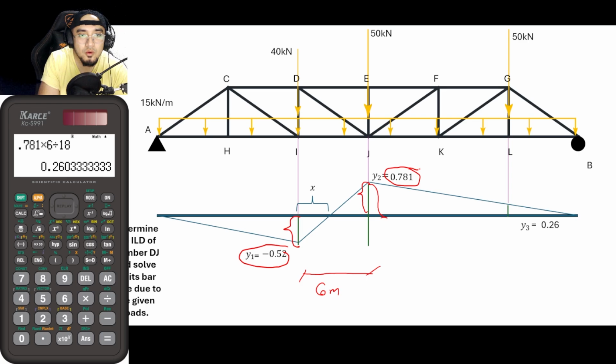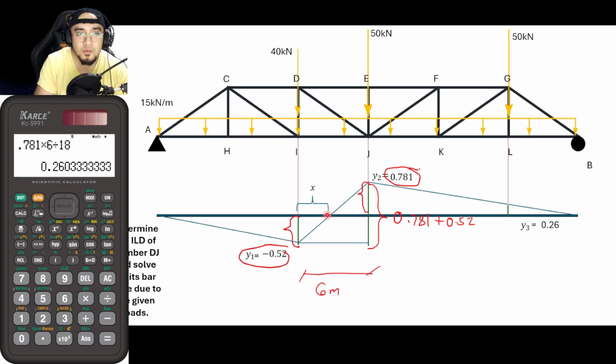We could now say that the whole distance here is equal to 0.781 plus 0.52. Let us treat this as a triangle, and what we are solving for now is the value of x, in order to get the location of this point here.